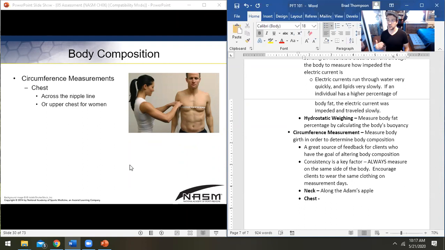If it's a female client, generally what you do is it's at the first place where their chest begins flattening. If there's no apparent flattening, then you do the nipple line. So along the first apparent flattening of the chest, if no flattening is apparent, along the nipple line.